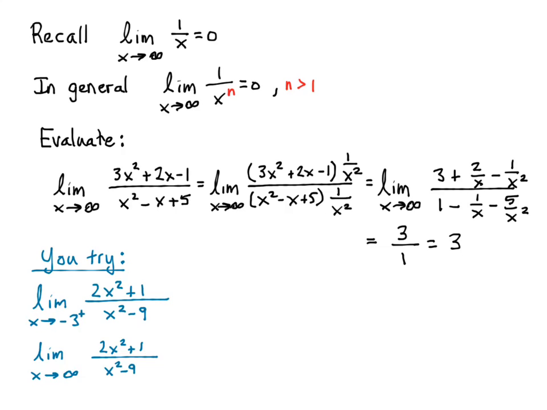But if I multiply by 1, which is 1 over x squared over 1 over x squared, then I get a form where these limits I've looked at before, specifically the limit as x goes to infinity of 1 over x, or 1 over x squared, goes to 0, then these things drop out and we get this real nice expression. You're getting rid of the x squared in the leading term only.